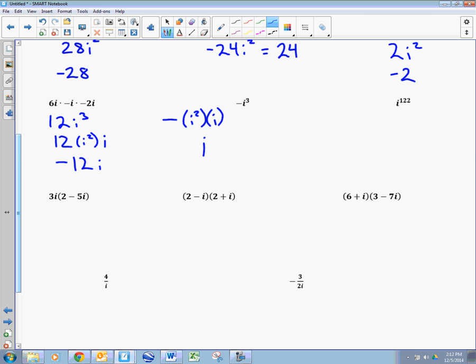i to the 122nd. Negative 1 is a good guess. Question is, is it correct? You say i.